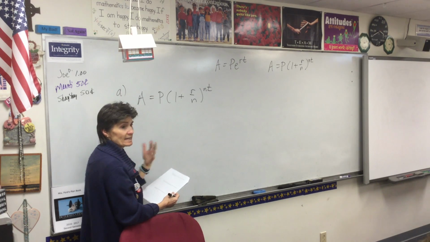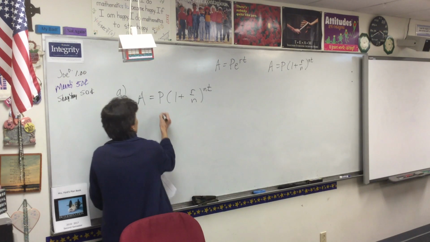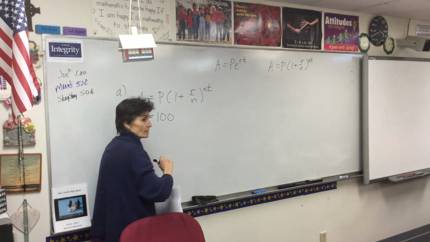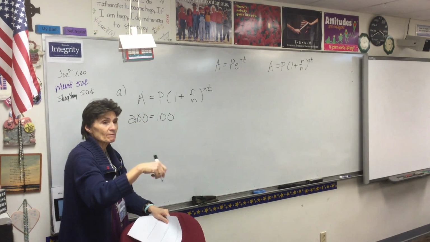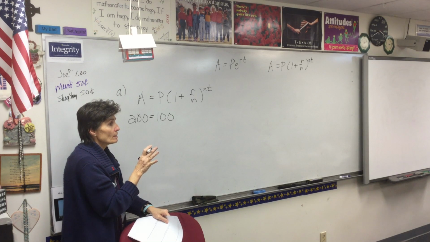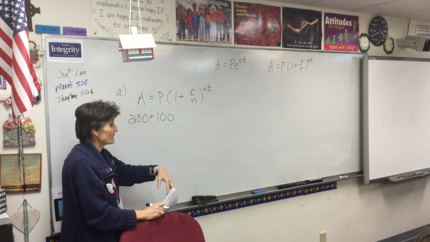Since they didn't give me either, I'll just make one up. I'll let P be 100, and then A will be 200. If they don't give you a starting amount, make up your own. Just make sure that the ending amount is double it, since we're doubling in this case.